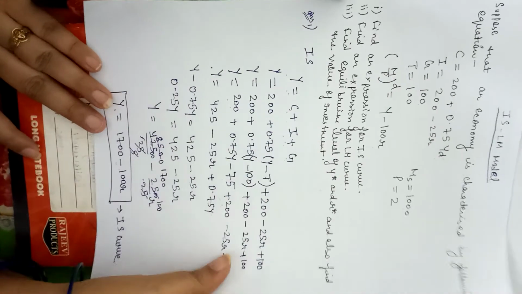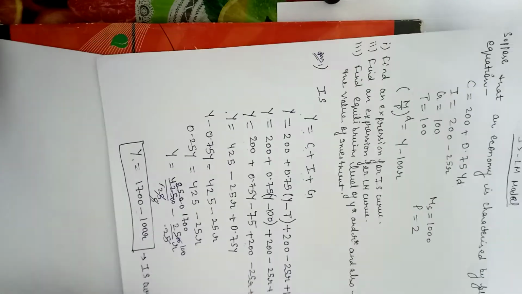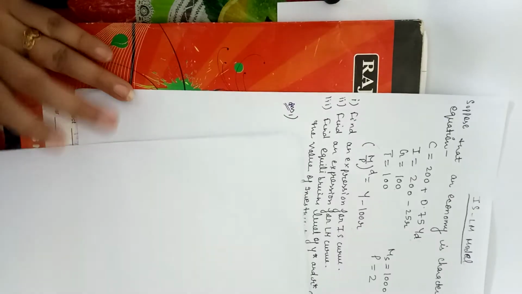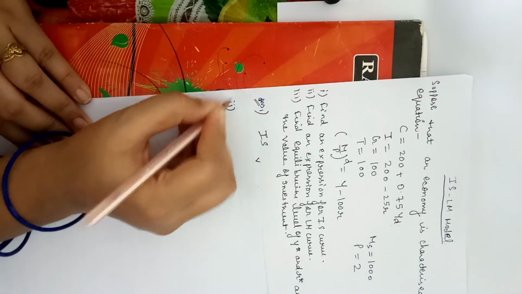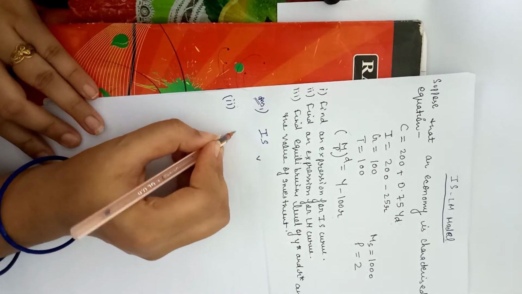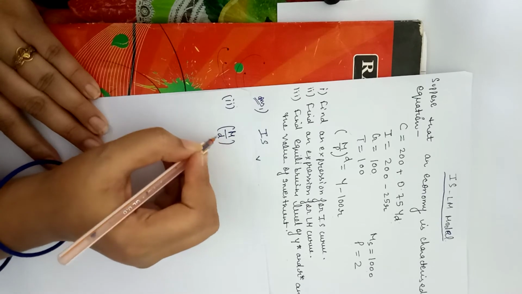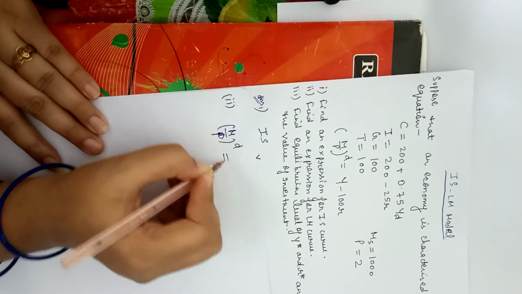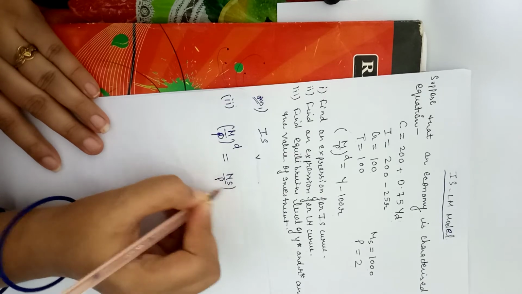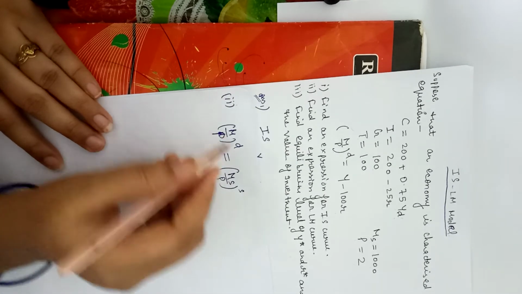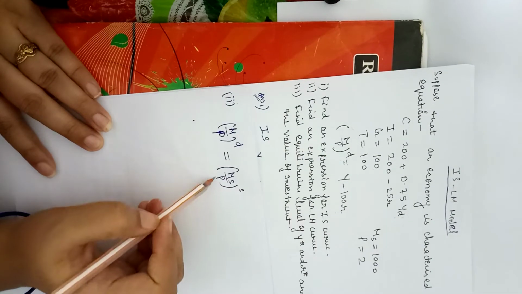So now we will see how to calculate the LM curve equation. For this we have to use that money demand is equal to money supply. So now we will substitute the demand function here and the supply is here.